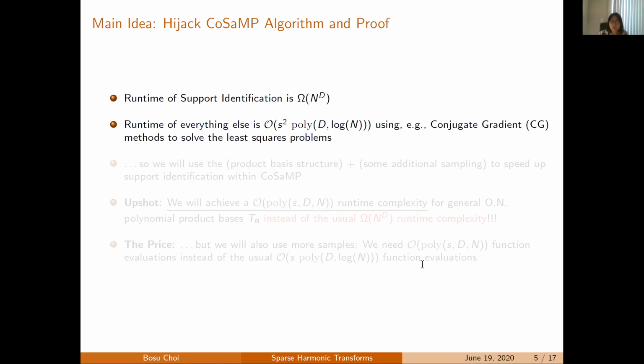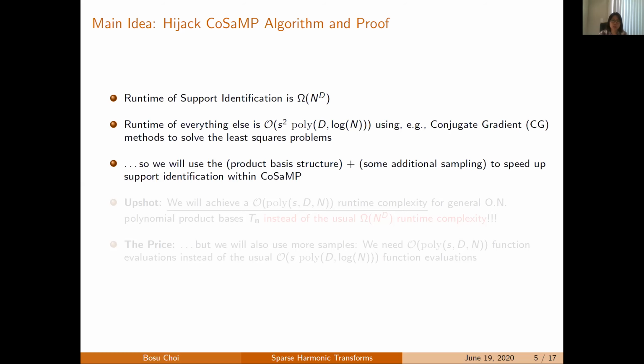If we use conjugate gradient for solving the least squares problem, its runtime is s squared times polynomial in d, n, log n. So this part is pretty fast compared to the support identification. To make the support identification faster, we use the product basis structure and some additional samplings.